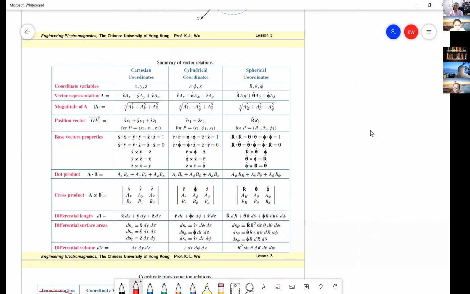Then, to conduct the vector product in different coordinate systems results in different formulations, but they pretty much look the same, right? If we can remember the Cartesian coordinate system for A cross B, this looks very similar.